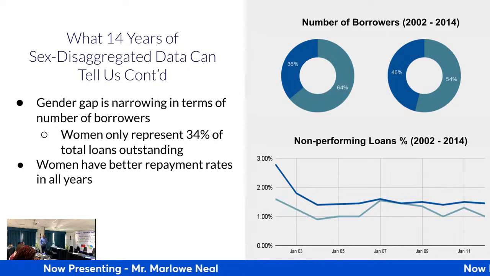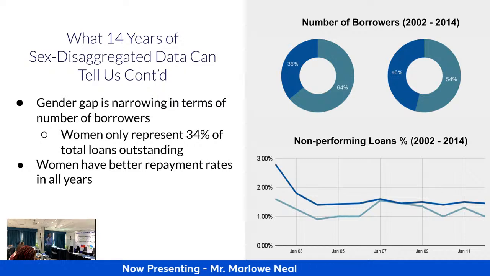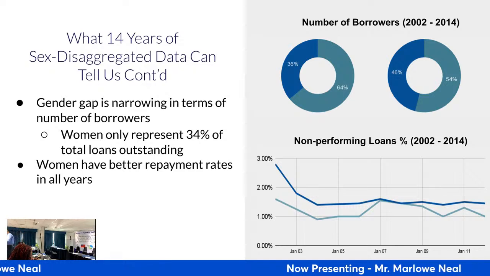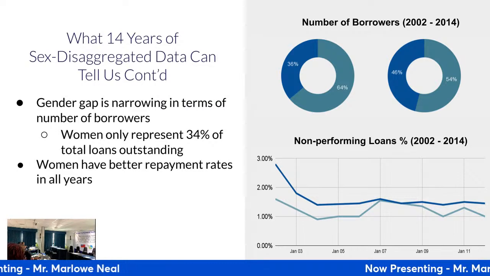The gender gap is narrowing, however, in terms of borrowers, and I believe the DFC alluded to this yesterday, that what they're seeing in their portfolio is that women have actually better credit history and better repayment history than men in their portfolio. And the data from Chile does support that.